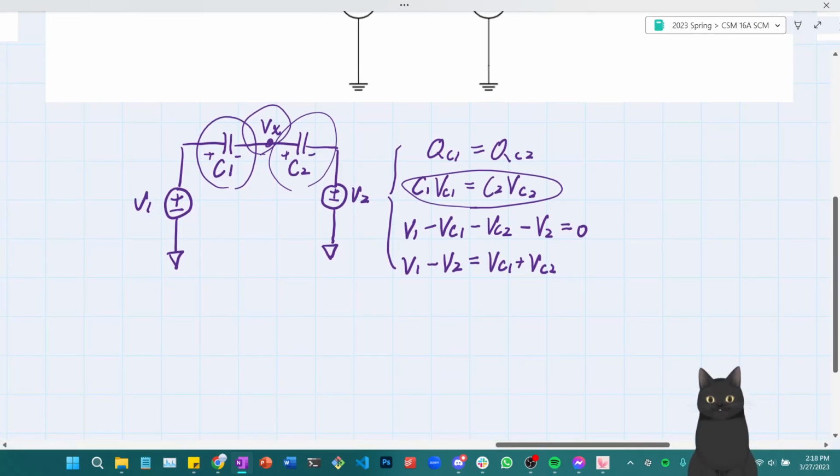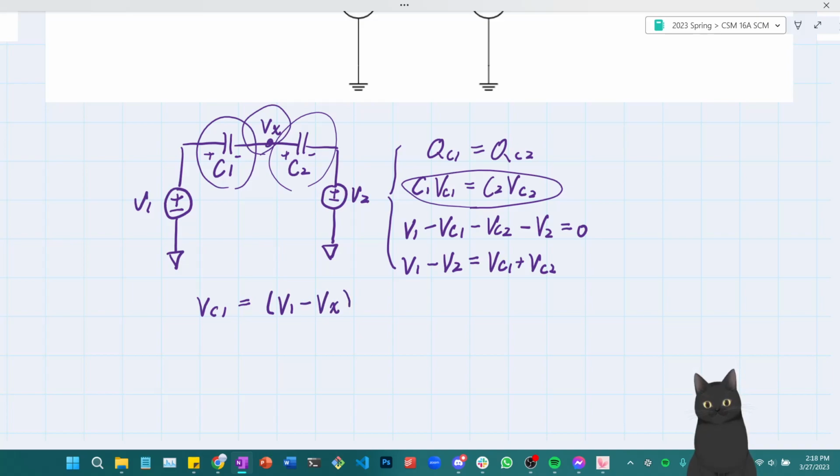So VC1 is equal to V1 minus Vx, and VC2 is equal to Vx minus V2.